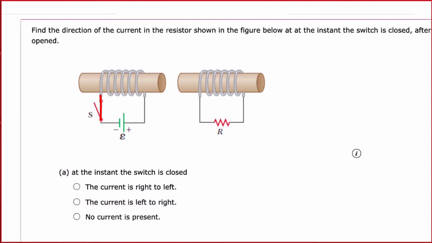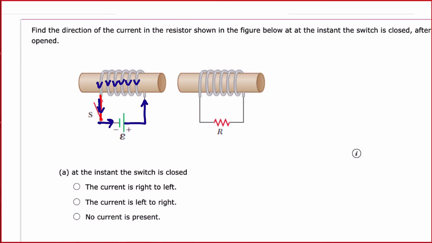Now remember that when we use the right-hand rule, we should be referring to the conventional current, and therefore it should flow from the positive end of the battery towards the negative end. So we would trace that. It flows from positive to negative, towards the back of the solenoid, then down in front, all the way towards the negative end of the battery.